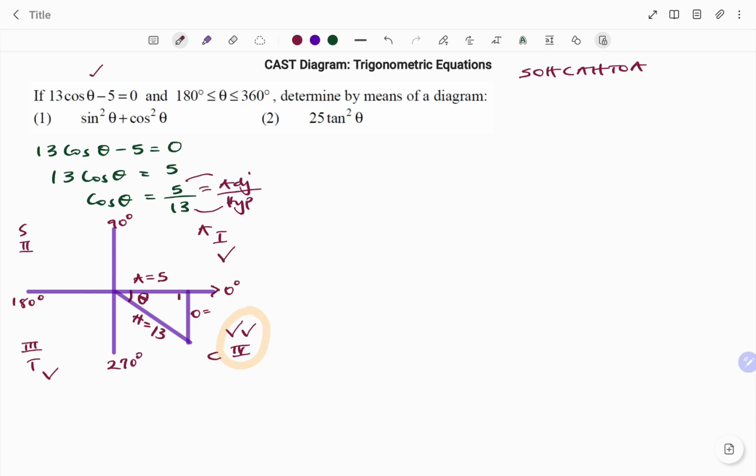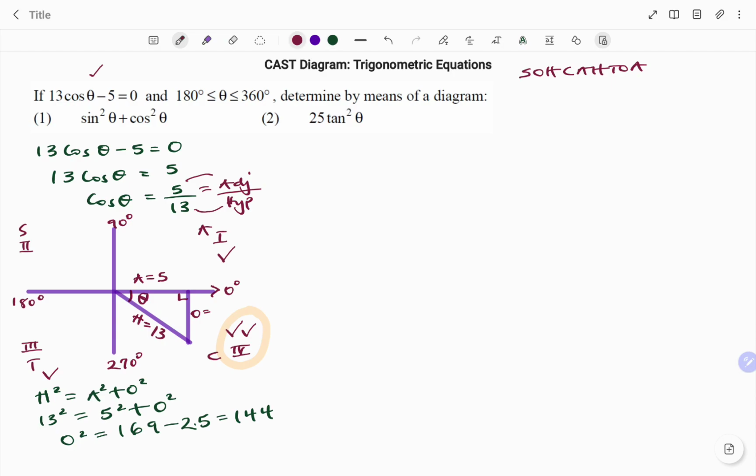To find the opposite side, I'm going to use Pythagoras theorem that states that h squared, the longest side, equals a squared plus o squared. That's the sum of the squares of the other two sides. 13 squared equals a squared, that's 5 squared, plus o squared. Therefore, o squared equals 13 squared minus 5 squared. That's 169 minus 25, which is 144.